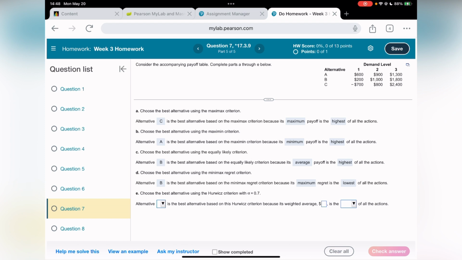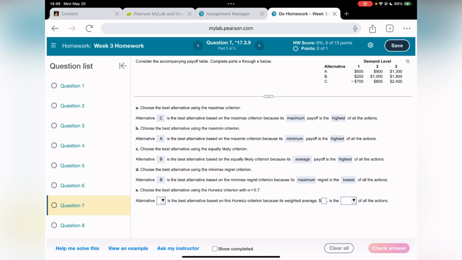It's a criterion that allows the decision maker to simultaneously take into account both the best and the worst possible outcome. To do that, the decision maker will choose a coefficient of pessimism called alpha, which is a decimal number between 0 and 1.